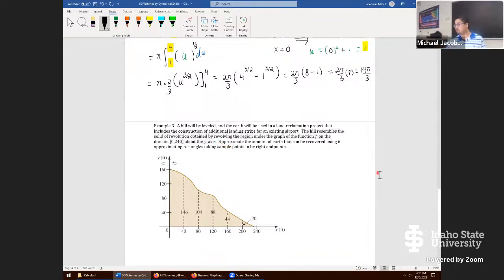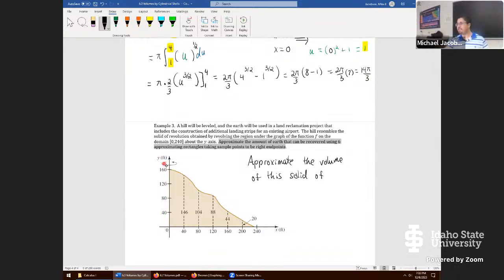It says for our instructions, approximate the amount of earth that can be recovered using 6 approximating rectangles, taking sample points to be right endpoints. So in other words, we'll approximate the volume of this solid of rotation, the revolution being this rotation right here.